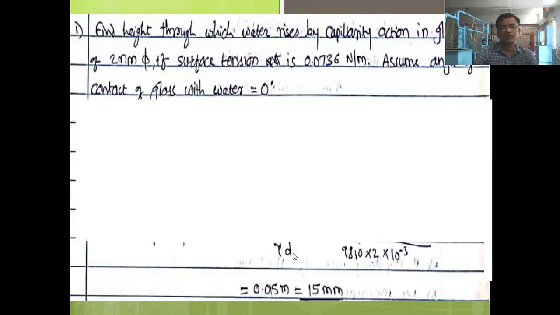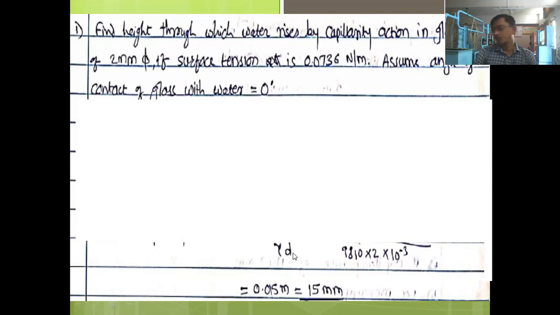Diameter given is equal to 2 mm. Convert that mm to meter and write down the surface tension, sigma is equal to 0.0736, and theta is equal to 0 degree.